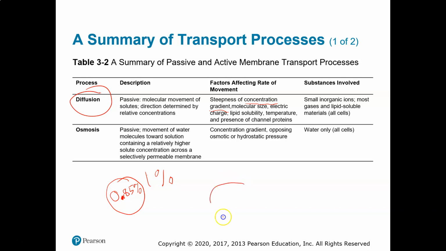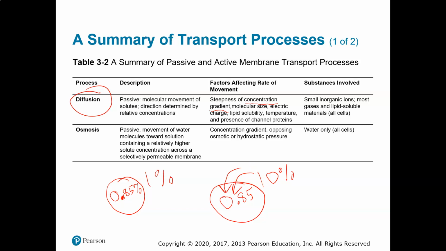But here is one where the concentration gradient would be much steeper. Let's say that you've got your 0.85% in your cell, and outside is a solution that is 10% saline. That is a much steeper concentration gradient, and it's going to have a much faster rate of diffusion into the cell.